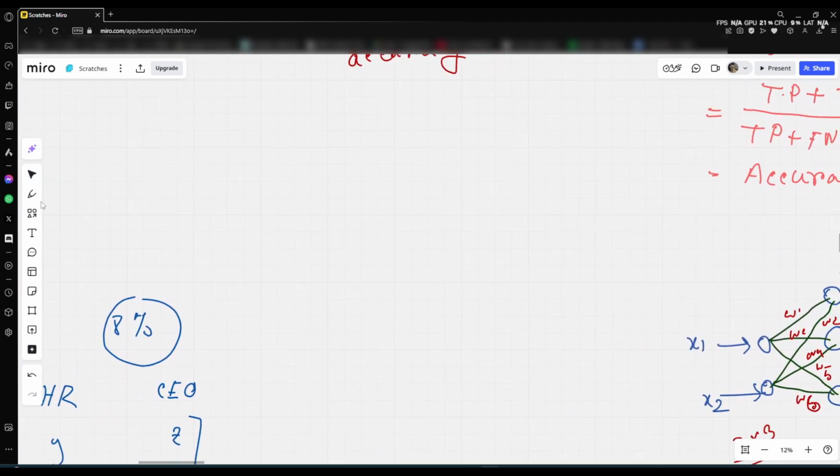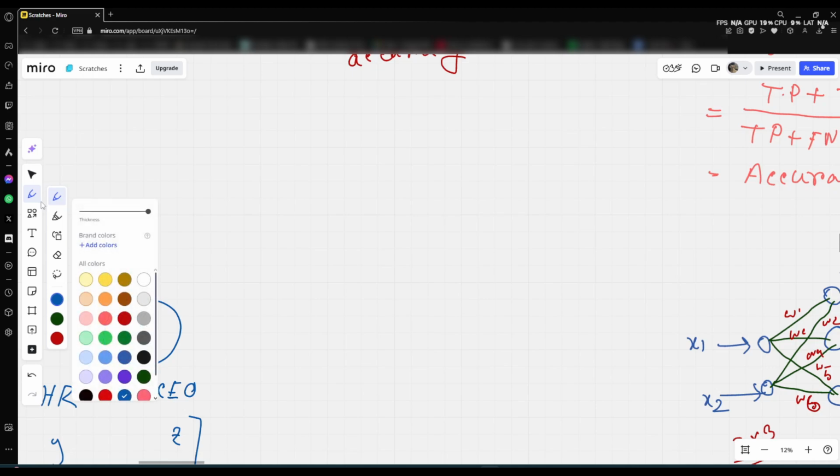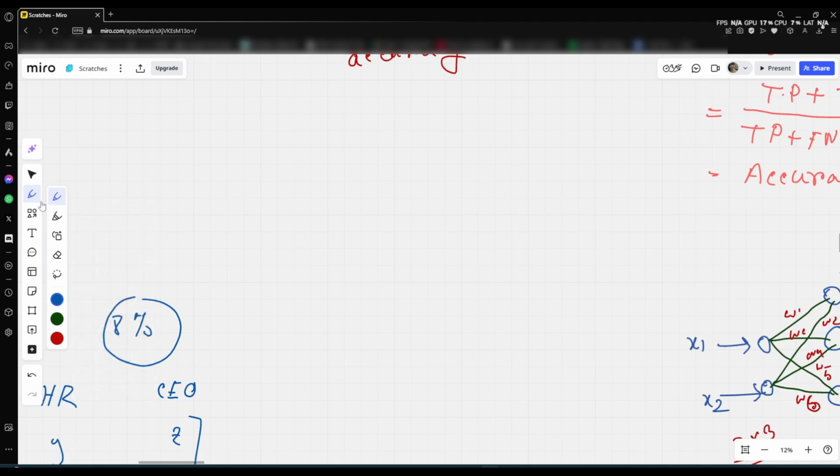We have a matrix, the first matrix is A, m into n, and the second matrix is B, n into p. It involves the dot product of rows of the first matrix with the columns of the second matrix.